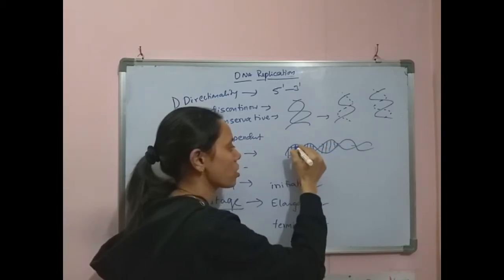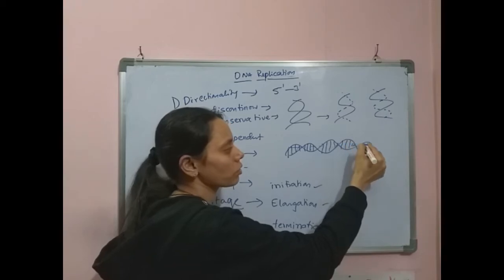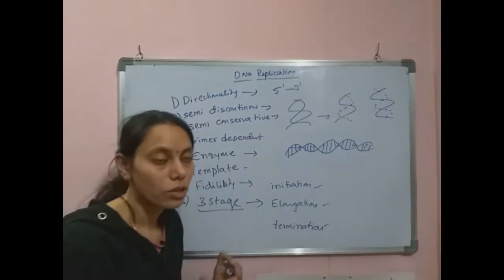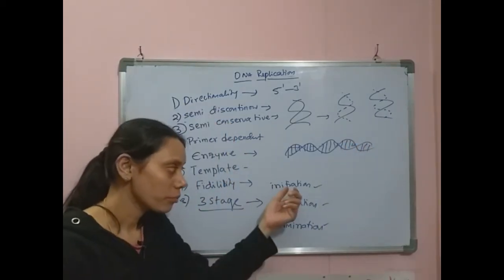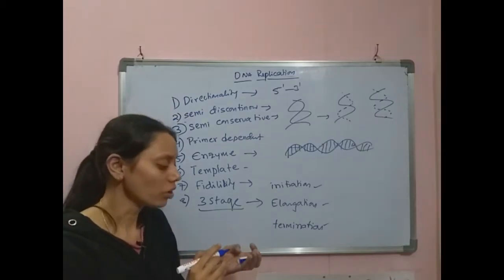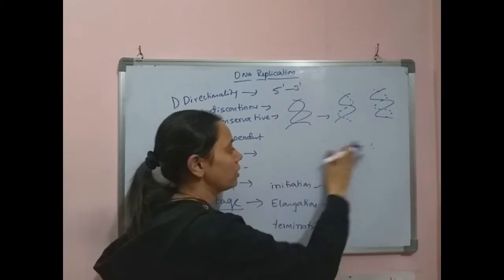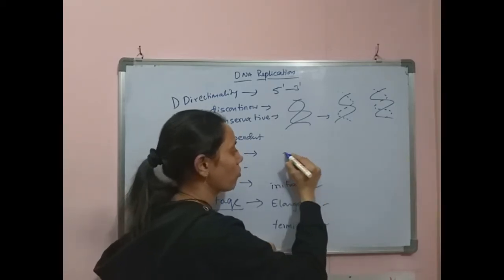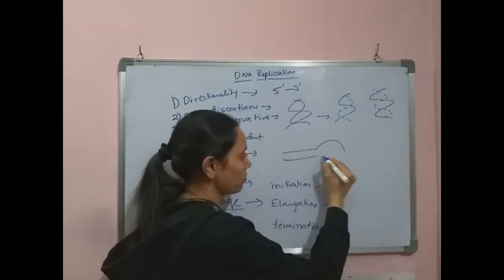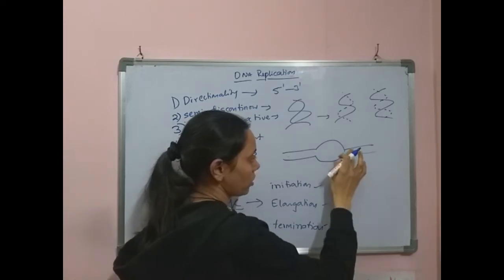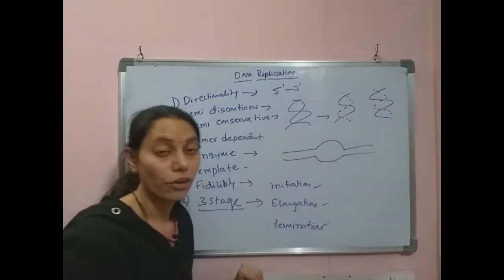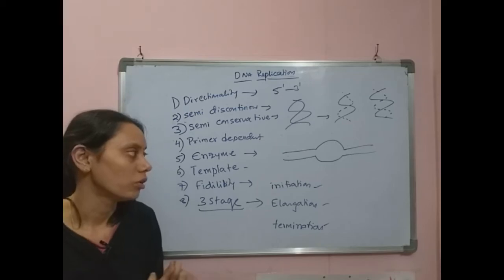The 2 strands come close together by hydrogen bonds. So during the process of initiation of replication, this DNA must be opened wherever it is going for replication.